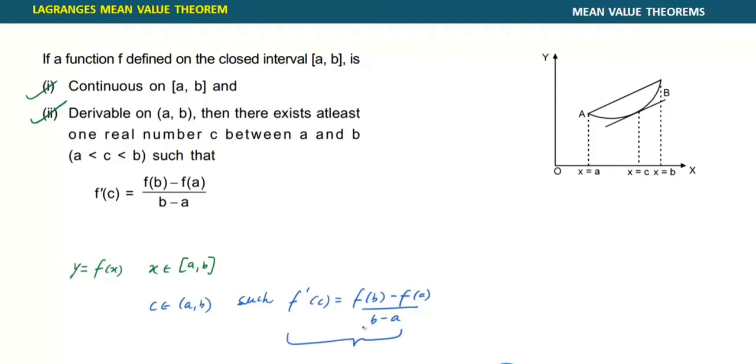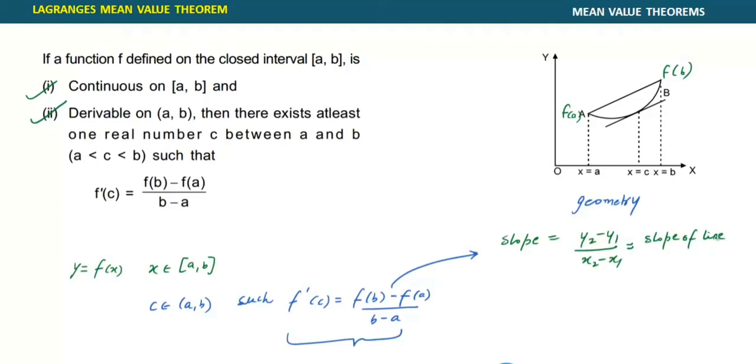Now again, if I have to convert this into geometry so that you can understand and remember this better, what does this value look like? Doesn't it look like a slope formula? Slope is nothing but (y2 minus y1) by (x2 minus x1). This is exactly what is happening: y2 is the value f(b), and this is the value f(a). So actually you get the slope of the line AB, which is formed by joining the boundary points.